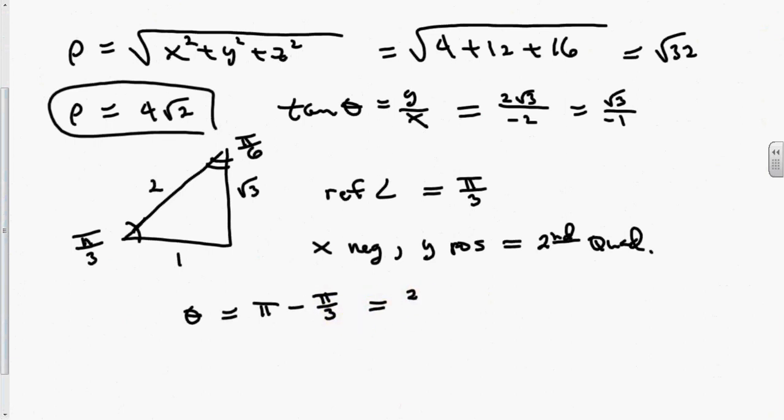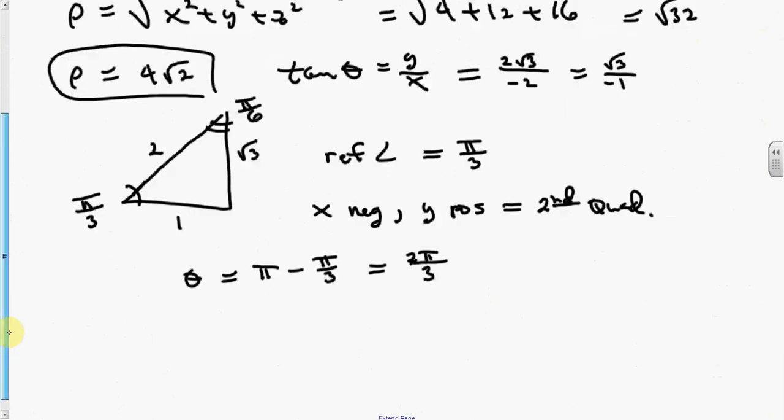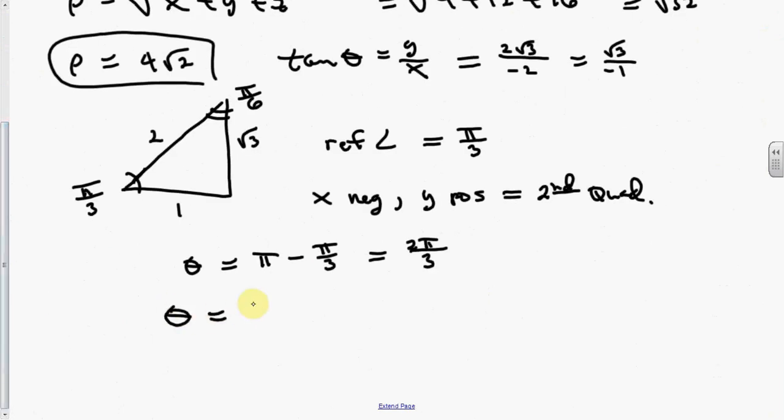So you get 2 pi over 3. If it's the third quadrant, we'll add pi plus the reference angle. But if it's the second quadrant, it's pi minus the reference angle. So theta is 2 pi over 3.